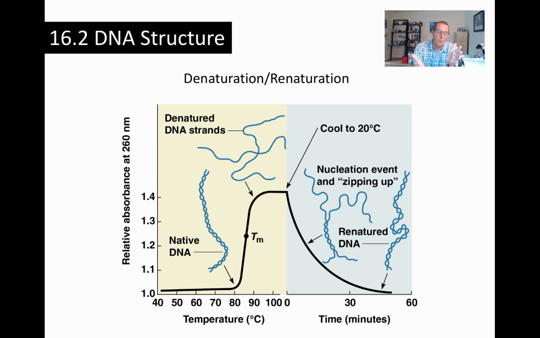You can have a probe which will match at certain temperatures given perfect matching, and then it won't match at that temperature if there are some differences between the two, and so you can actually use very subtle differences in the melting temperature to get an idea of the number of differences in two sequences of DNA, and that can give you an idea about homology and nucleotide identity when you're trying to compare DNA from two species, and then you can start to make some inferences about the phylogenetic relationship between those organisms.